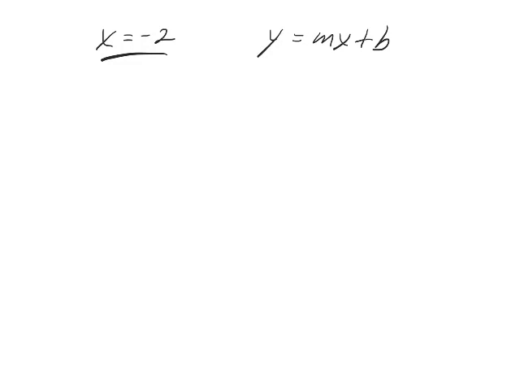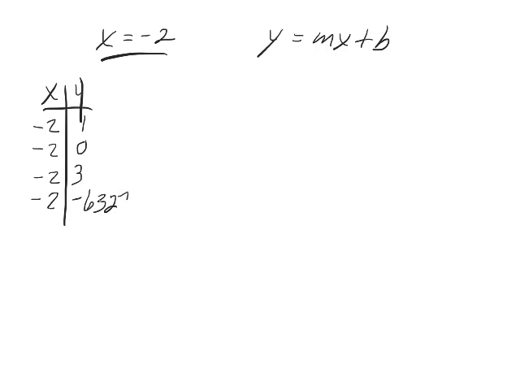So when I don't have a y value, since y is missing, any value for y will do. So if I have my table here, and I have a negative 2 for x, I can put any y value I want. I can put 1, 0, 3, negative 6, 327.